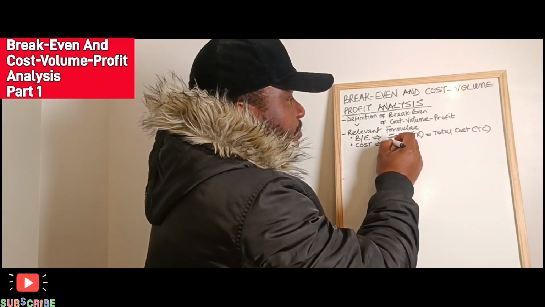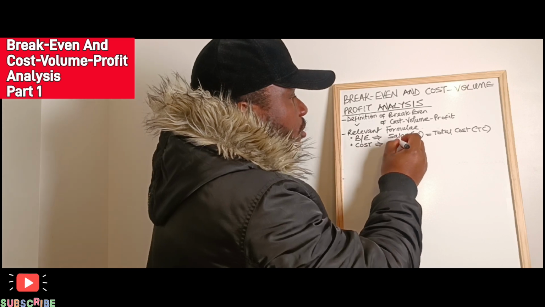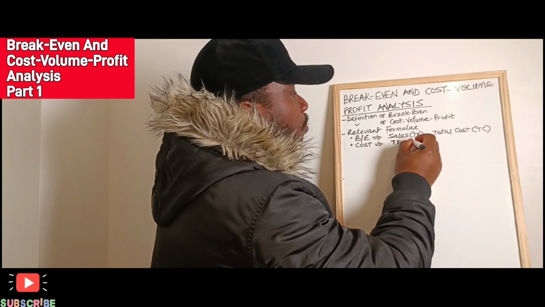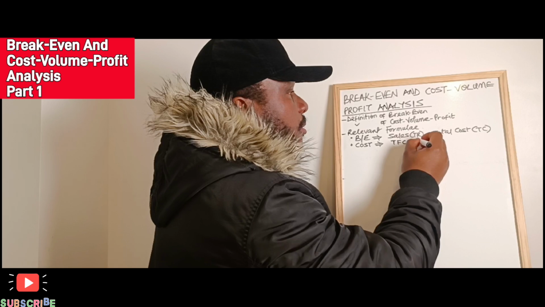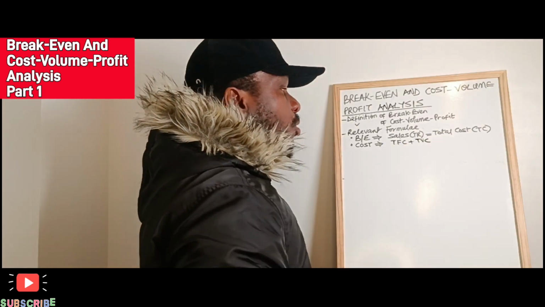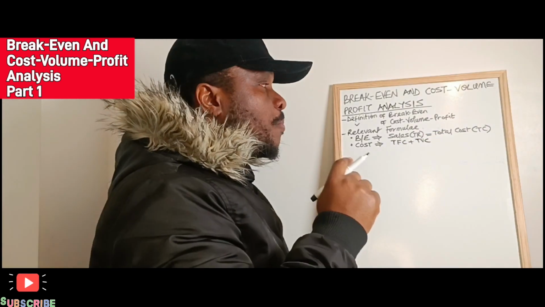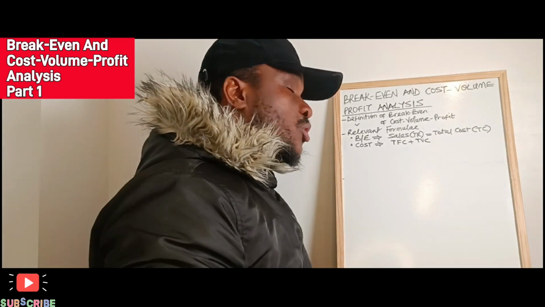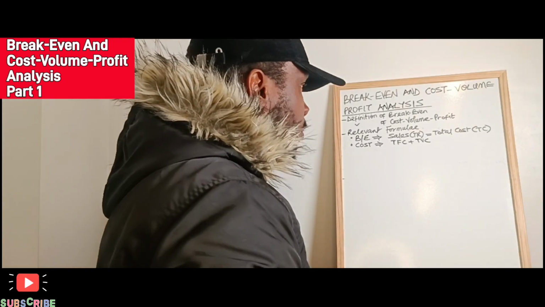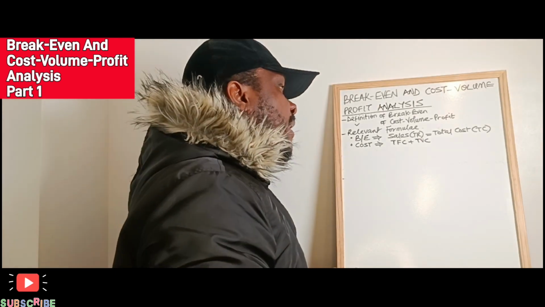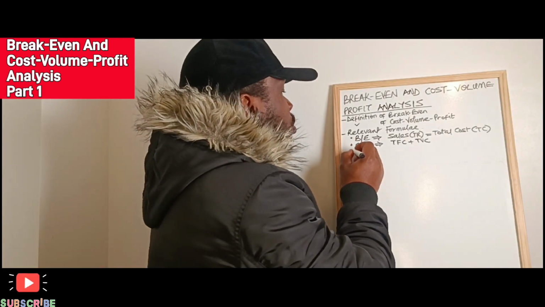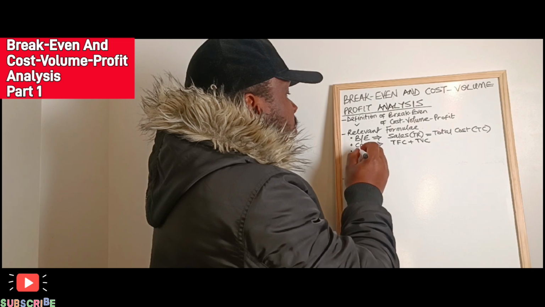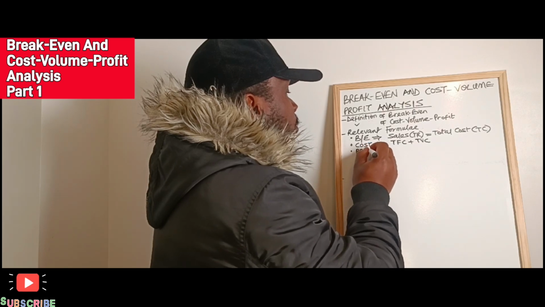We have it here mathematically: total fixed cost plus total variable cost. This will give us total cost. All right. So the next here will be profit. How do you derive your profit?